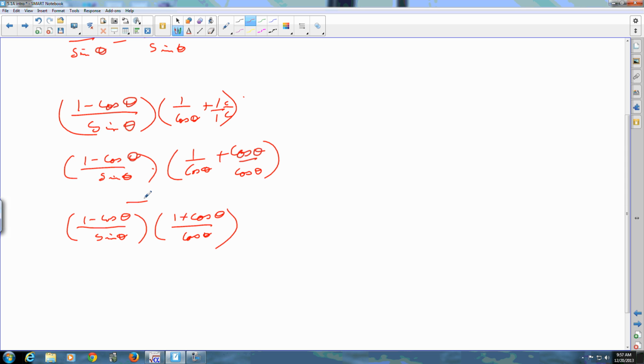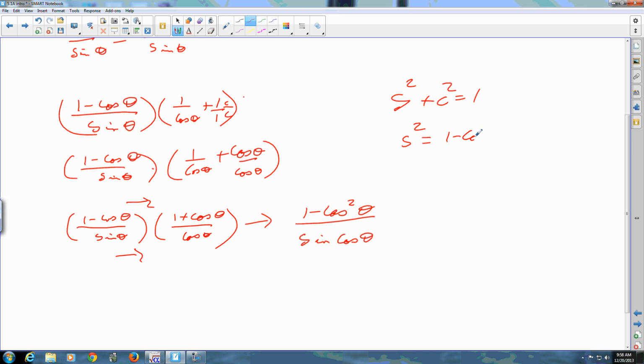When you multiply fractions, you multiply straight across. So the top you see is a difference of squares pattern. So this becomes 1 minus cosine squared theta over sine cosine. And the Pythagorean identity again, sine squared plus cosine squared is 1. I got a 1 minus cosine squared, so sine squared equals 1 minus cosine squared.